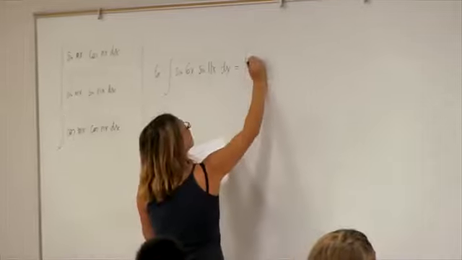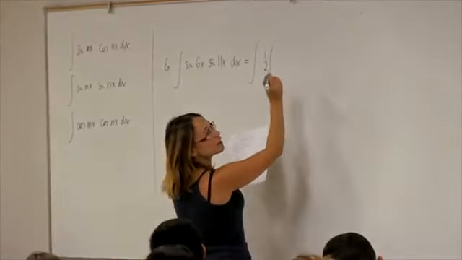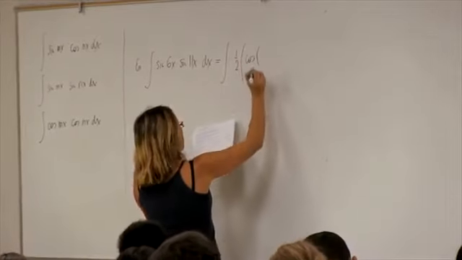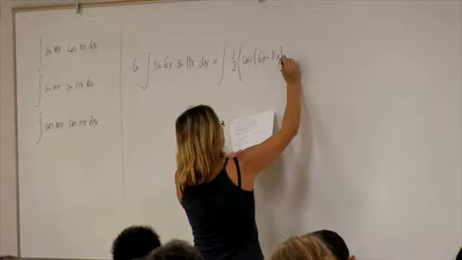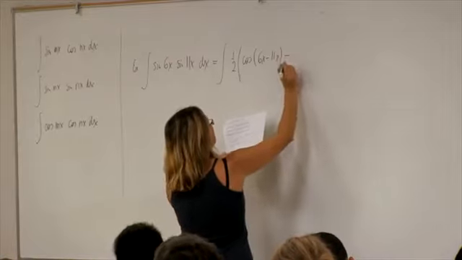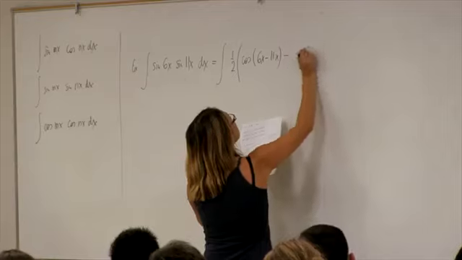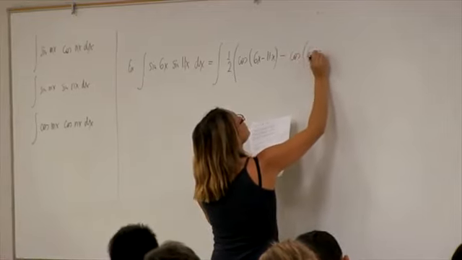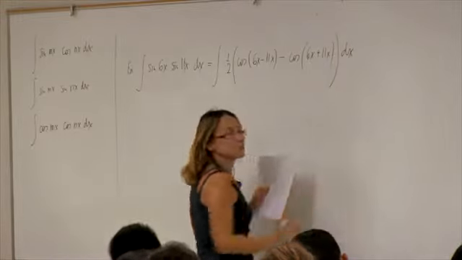So I'm going to rewrite the expression under the integral as 1/2 of cosine of 6x minus 11x minus cos of 6x plus 11x dx.